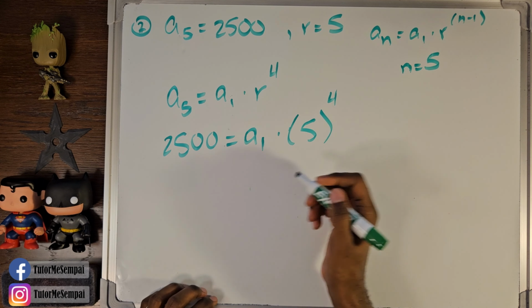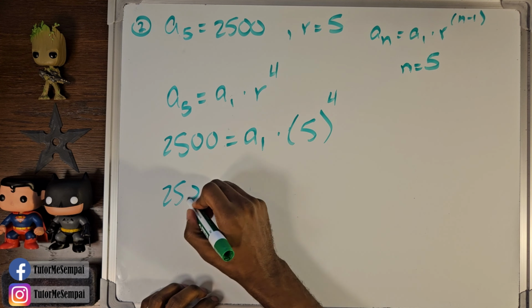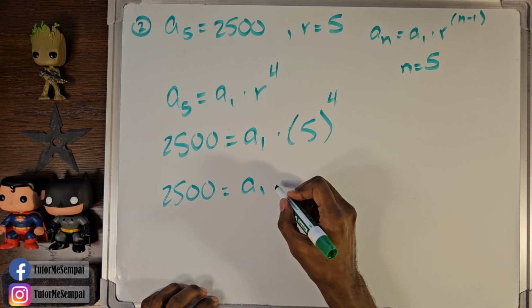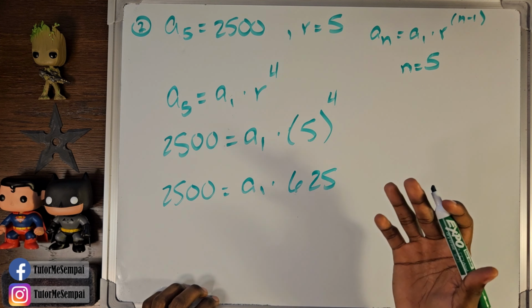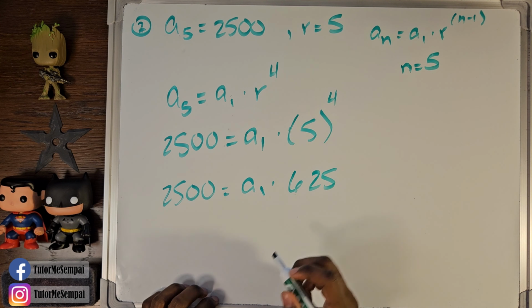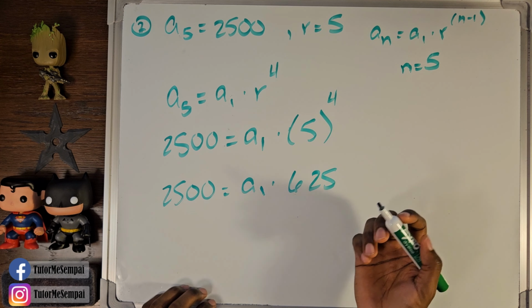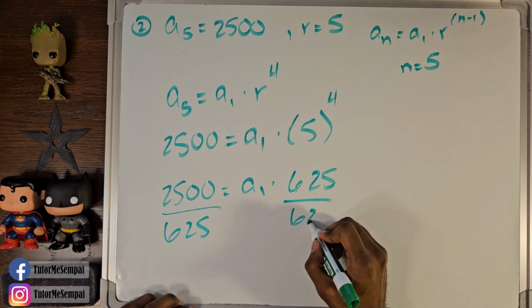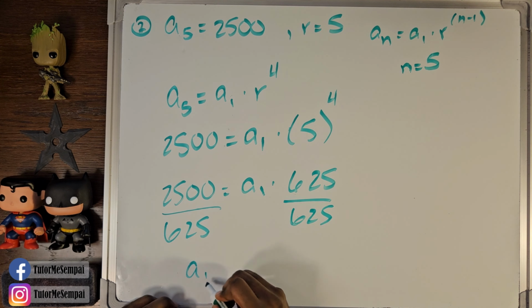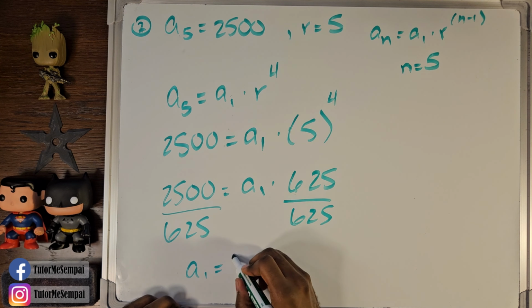Now if we expand this out, we have 2500 equals a sub 1 times 625. Now you just want to solve for a sub 1, get it by itself. So divide both sides by 625. And that leaves us with a sub 1 equaling 4.